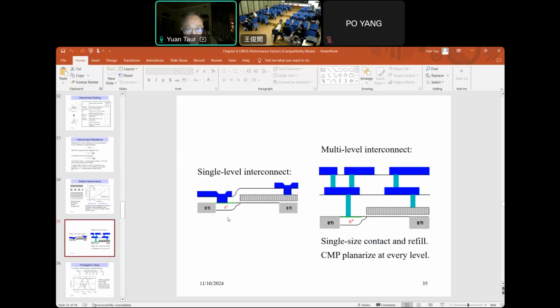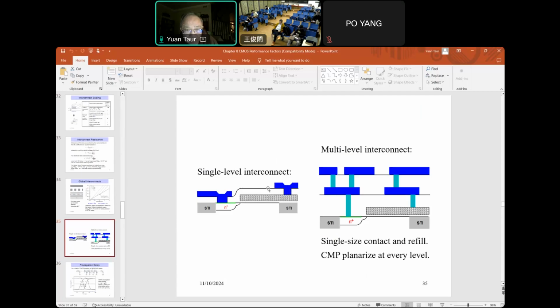So the technology to achieve that is by planarizing. With a single level, it looks like this. The blue is the metal, you put in contact to the gate, to the source and drain. But you build up some topography here. And so you cannot go on more than a couple of layers.